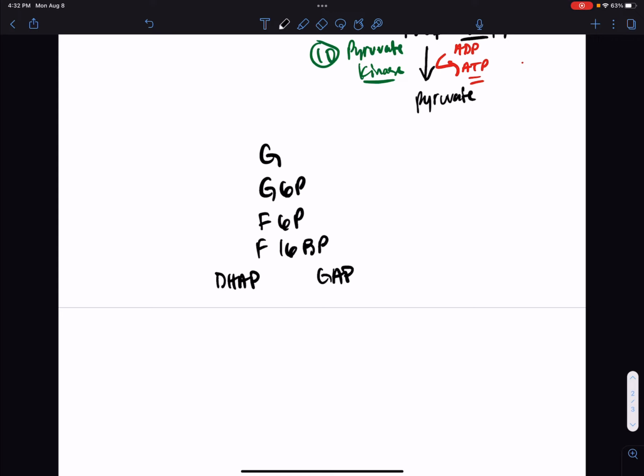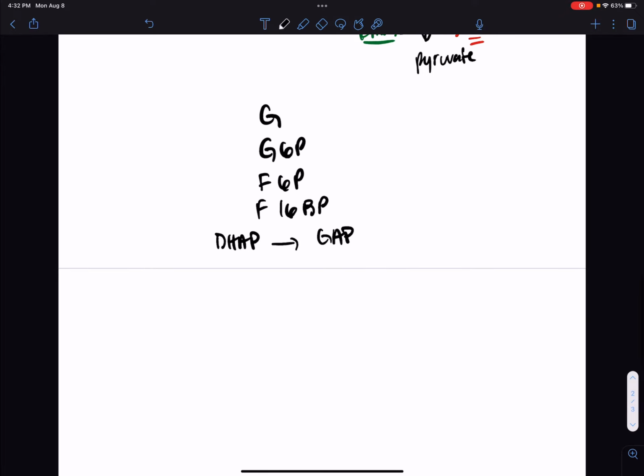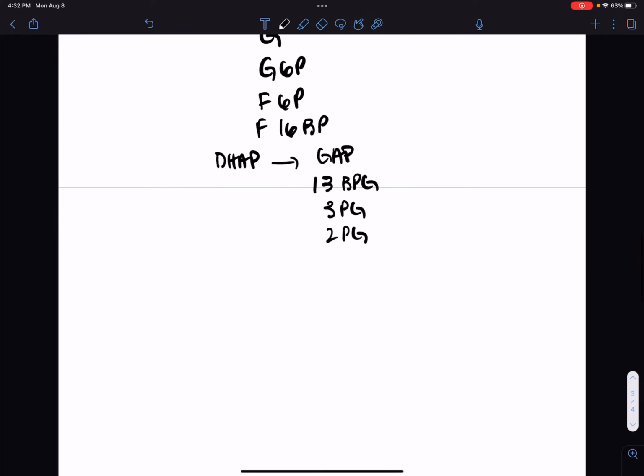And then DHAP is pretty much always converted to GAP. From GAP, we're going to 1,3-bisphosphoglycerate to 3-phosphoglycerate to 2-phosphoglycerate to phosphoenol pyruvate, and then we end at pyruvate, which is our goal.